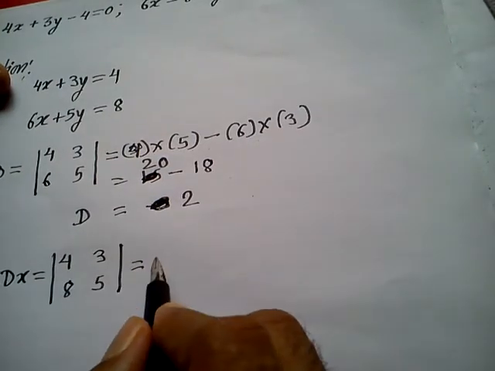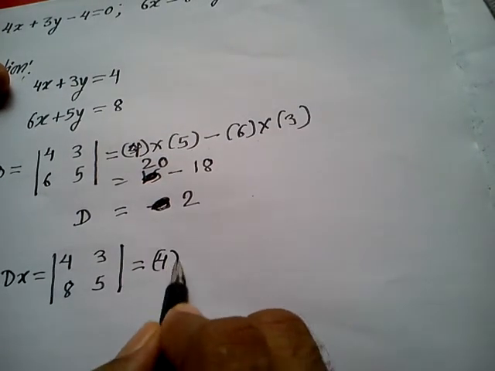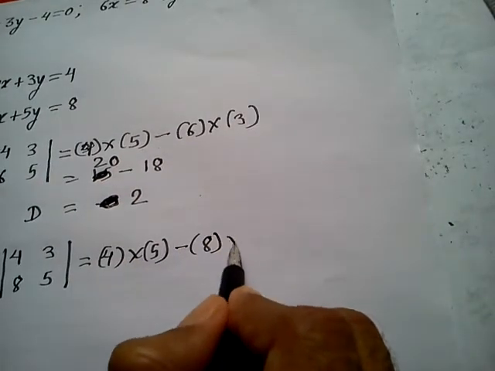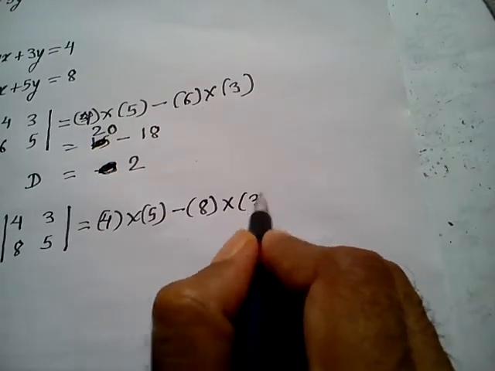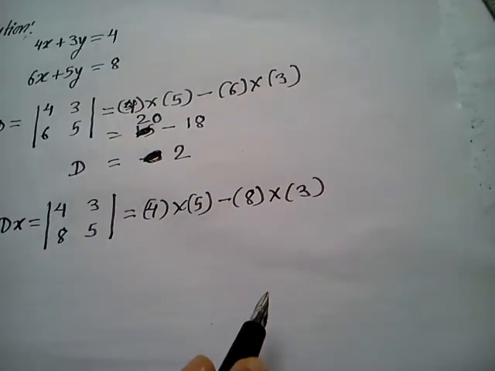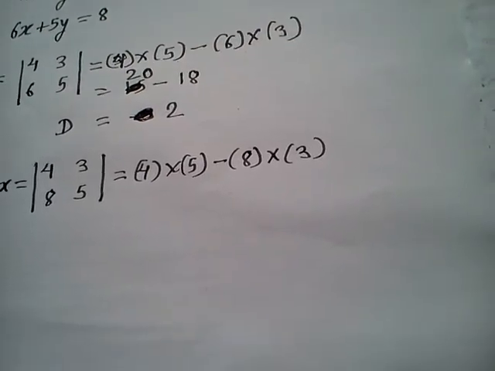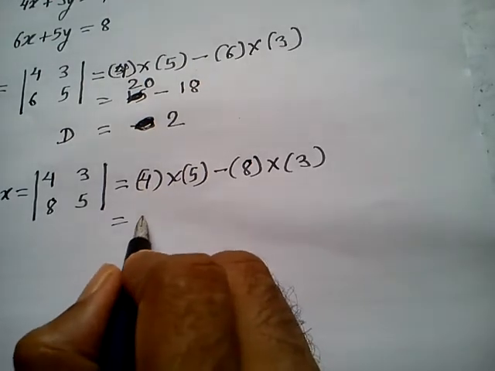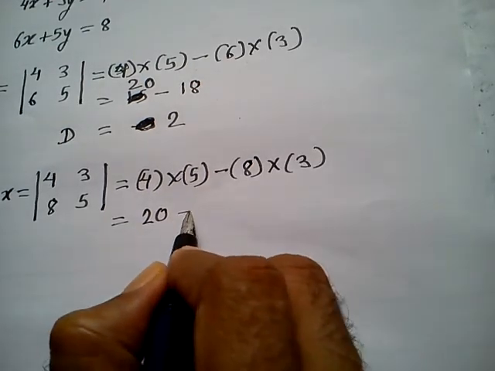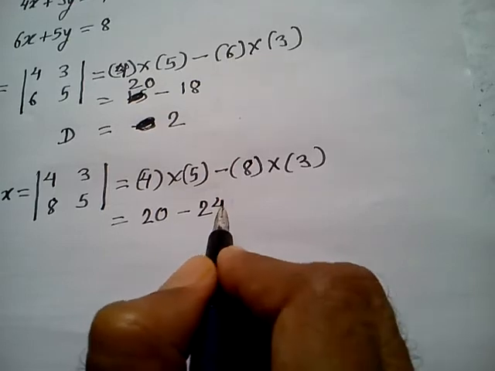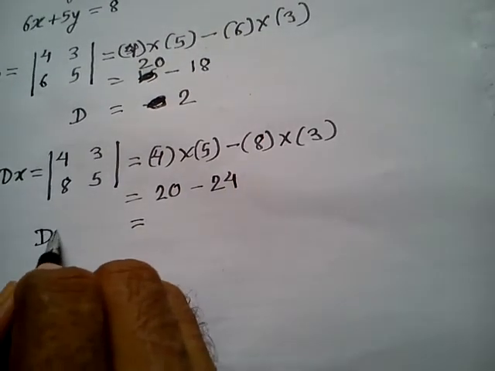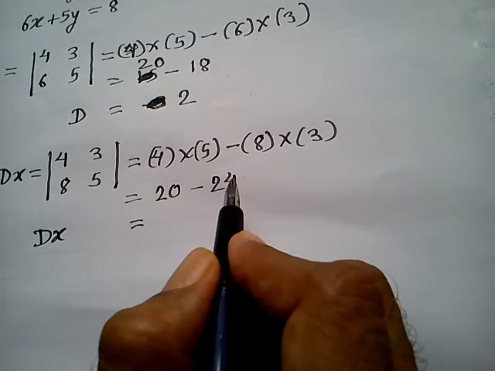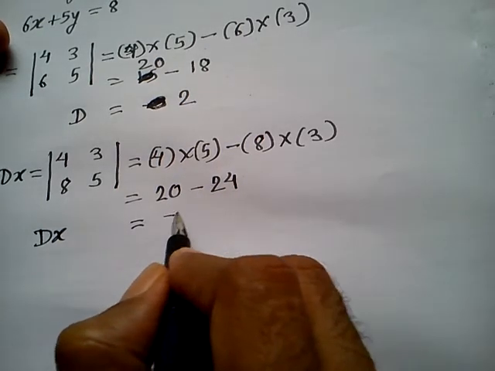Now see here again cross multiplication, 4 into 5 minus 8 into 3 is equal to 4 5s are 20 minus 24. So dx is equal to 24 minus 20, positive 4, but greater number is negative, so answer will be negative.